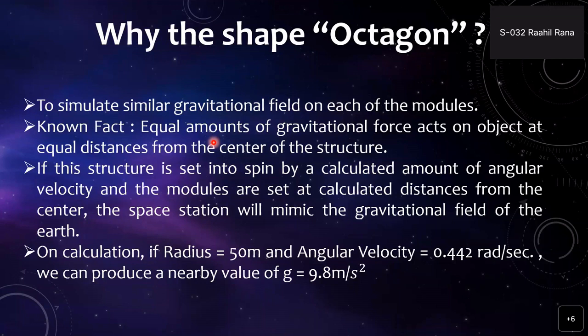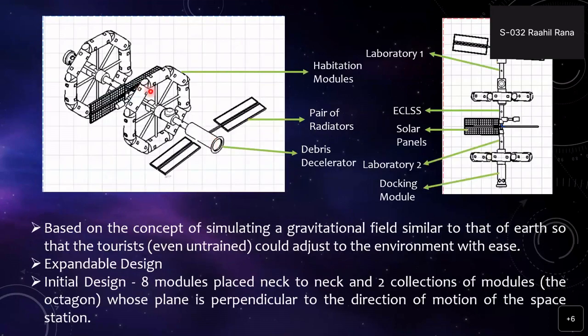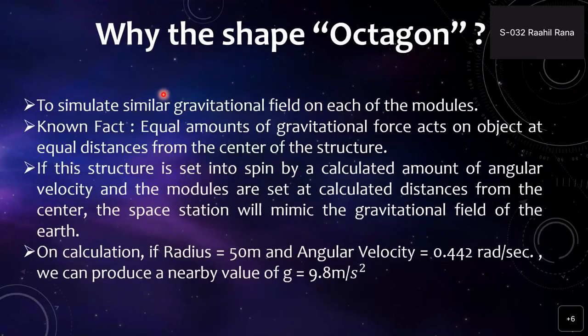And we had also calculated, taking the radius of these beams, or what we call the transfer modules, as 50 meters. So taking the radius as 50 meters and the acceleration due to gravity as 9.8, we approximately get an angular velocity of 0.442 radians per second.